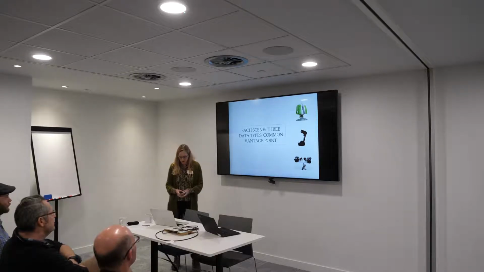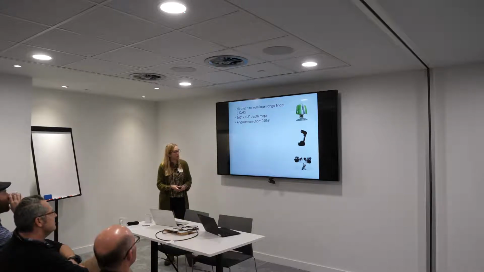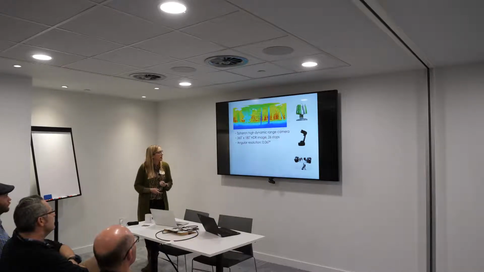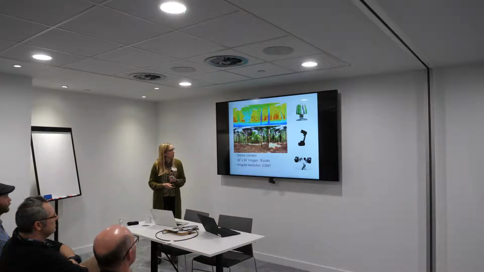Okay, so for each scene we've sampled 3 different data types, each from a common vantage point at human eye height. We've got 3D structure from LiDAR, a 3D point cloud, and from that we have the spherical depth map that looks a little bit like this. Here we've got colour giving distance, and then from the same point and co-registered we have the high dynamic range panoramas. Those look something like that.